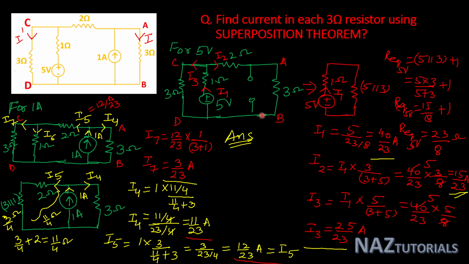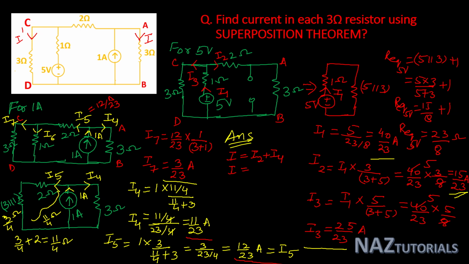Both are flowing from A to B. So the value of I is I2 plus I4. So let's write the current I is equal to I2 plus I4.